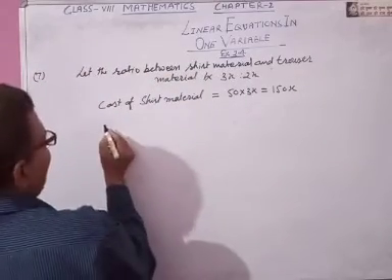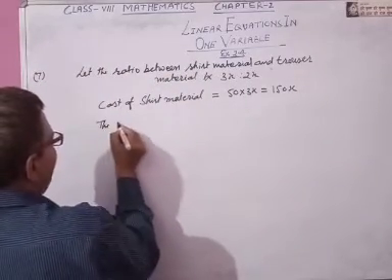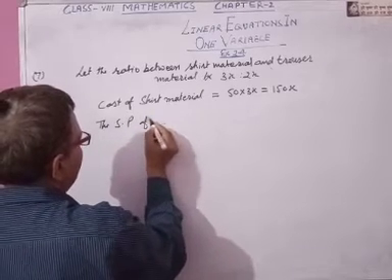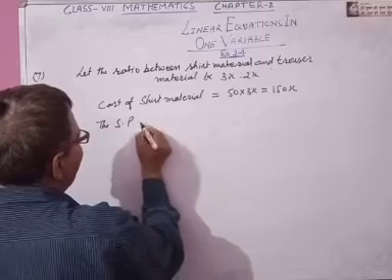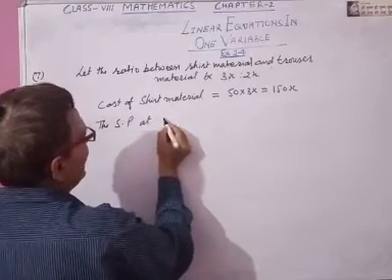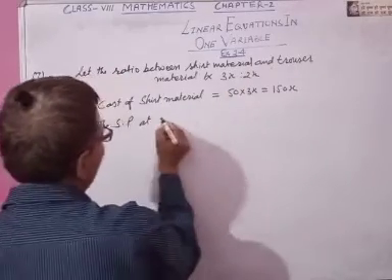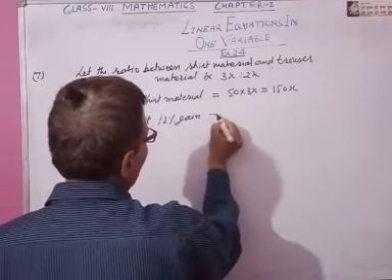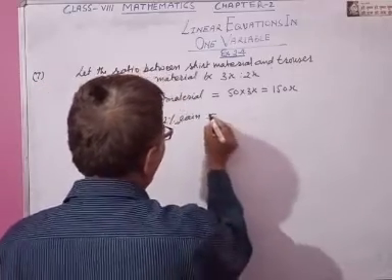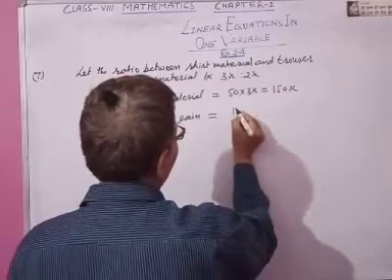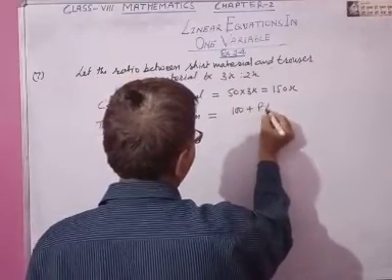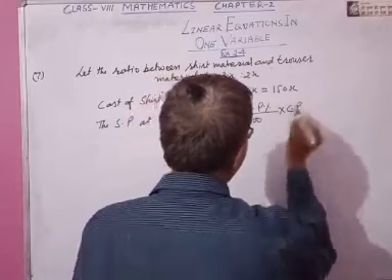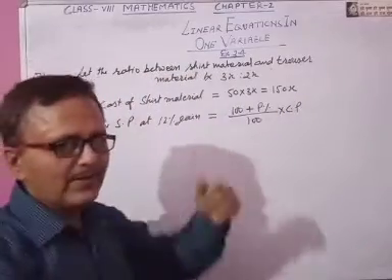Now the selling price, SP, at 12% gain. The formula of selling price is (100 plus profit percent) upon 100 multiplied by cost price. This is the formula for finding selling price.